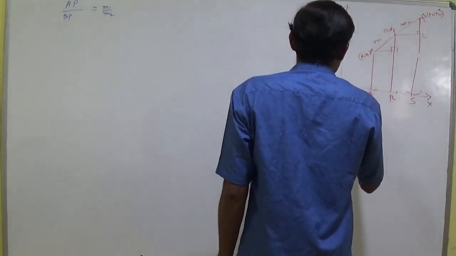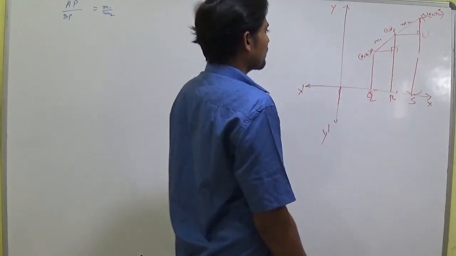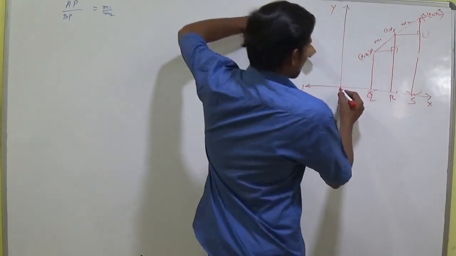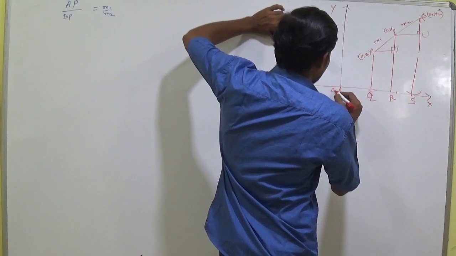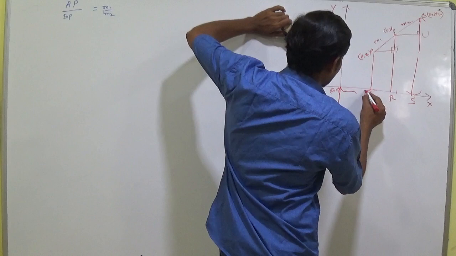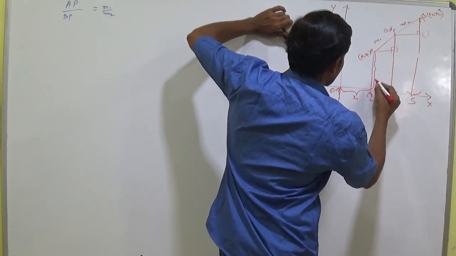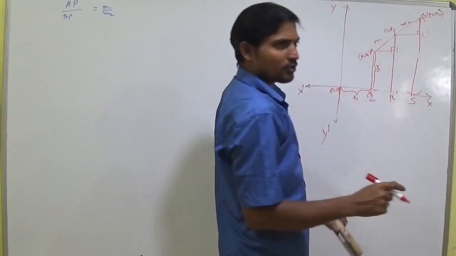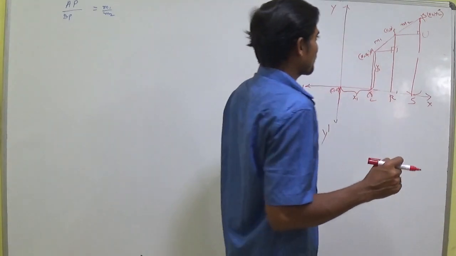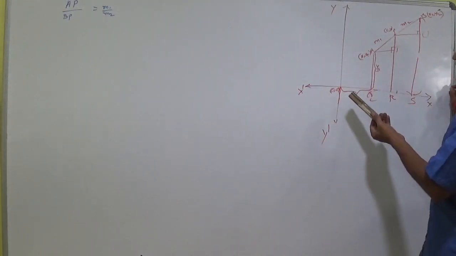Some things we are going to derive here. Up to here, this is the origin, with coordinates 0, 0. This is x1, this is y1. Clear? Try to listen carefully and observe, otherwise you can't understand this.